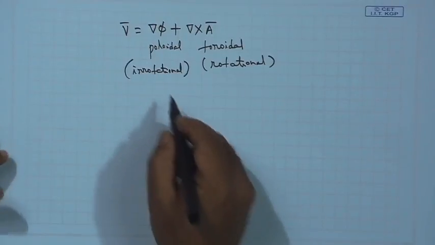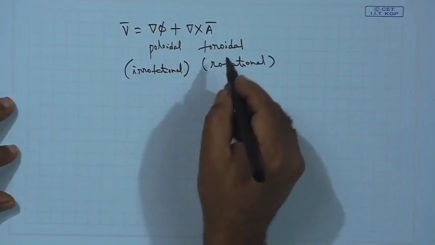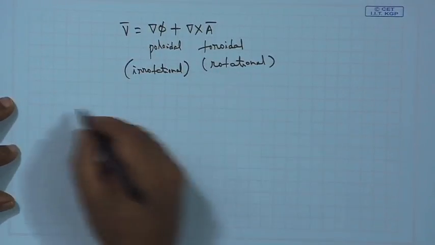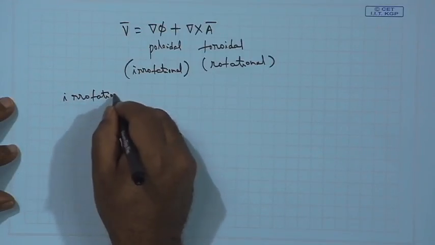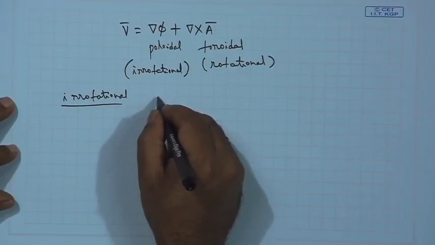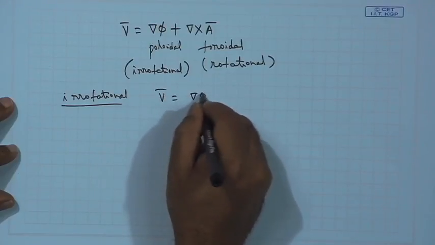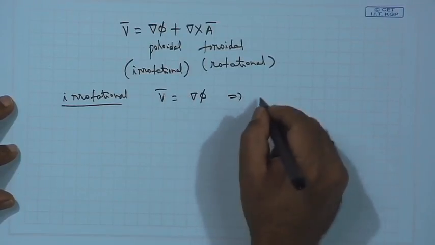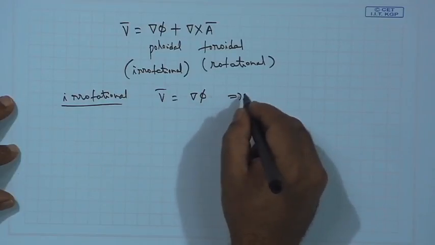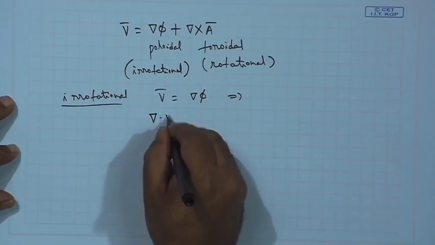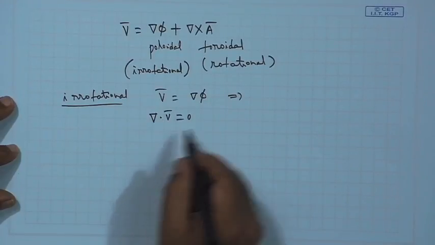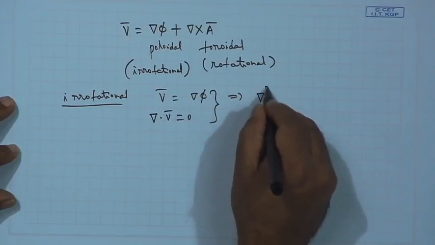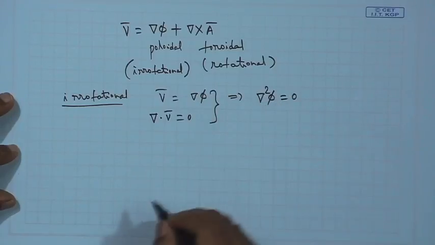Now, if you ignore the rotational part and consider only irrotational, we have V is grad phi. If we go for the usual conservation of mass, that is divergence free, combining these two, we get del square phi is 0.